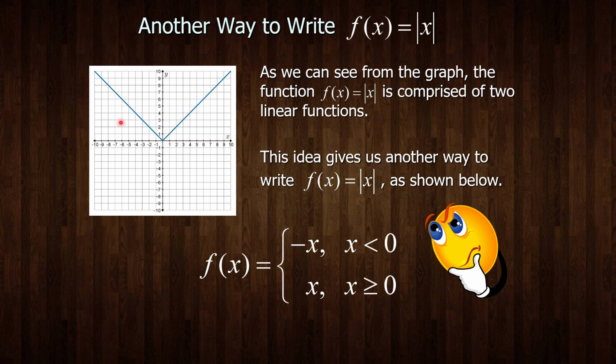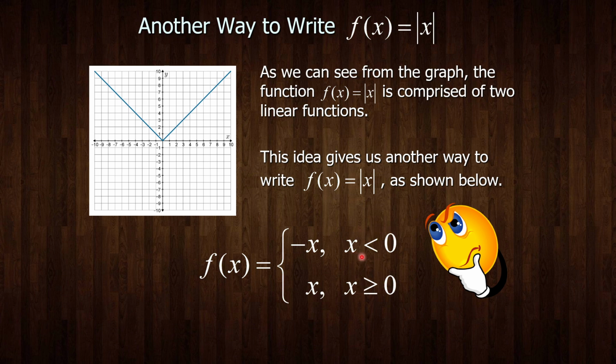It doesn't happen over here when we're using negative x values. So we can say as long as x is positive, we really just have the function y equals x. And that's what this is saying right here. Our function f at x, or you think of it as y if you want, is equal to x. So we have y equals x as long as we use x values that are 0 or higher.